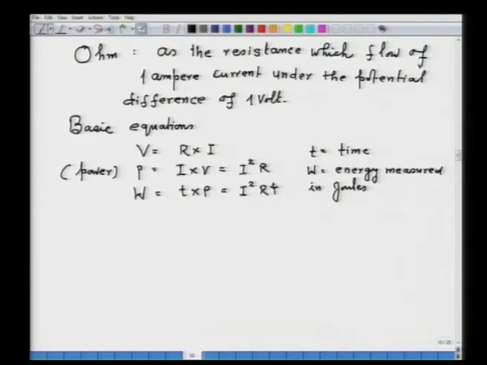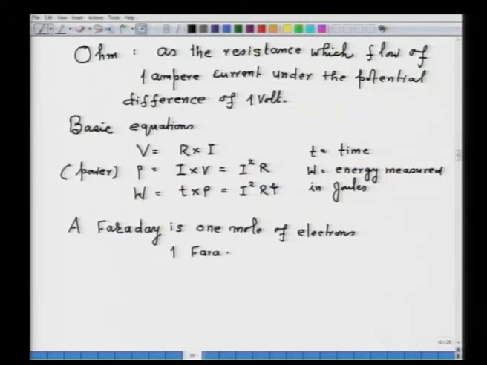Now, another important unit is that a Faraday is 1 mole of electrons. 1 Faraday is equal to 96,500 coulomb.